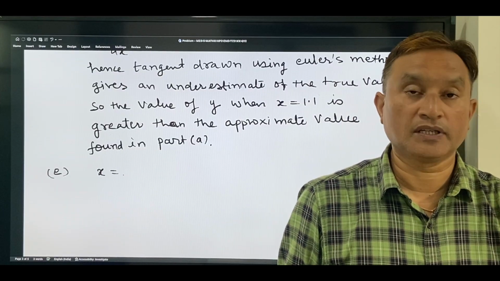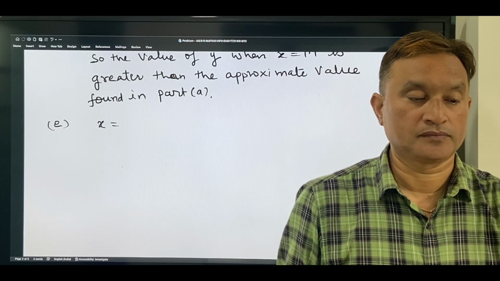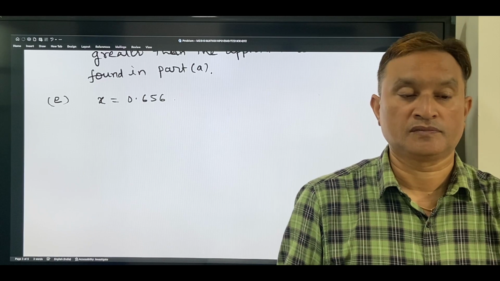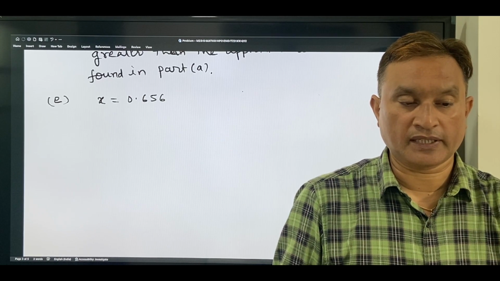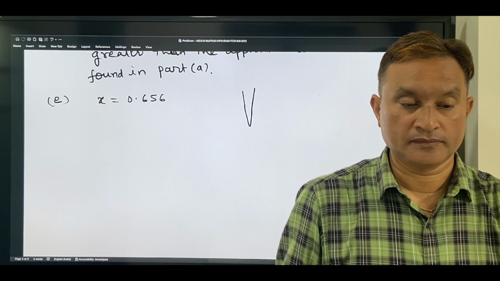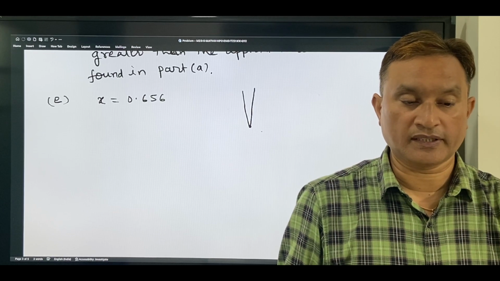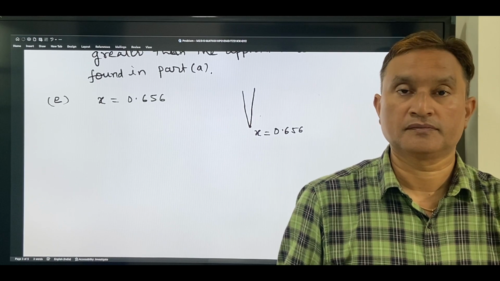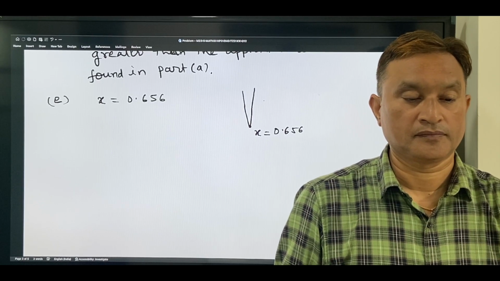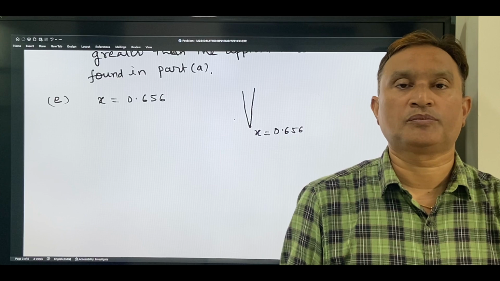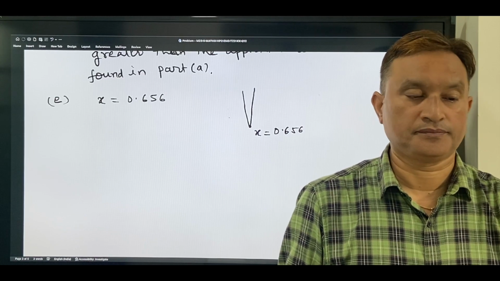So x equal to 0.656. The graph which we are getting is like this, so this is the answer of E part. Now we will proceed to F part.